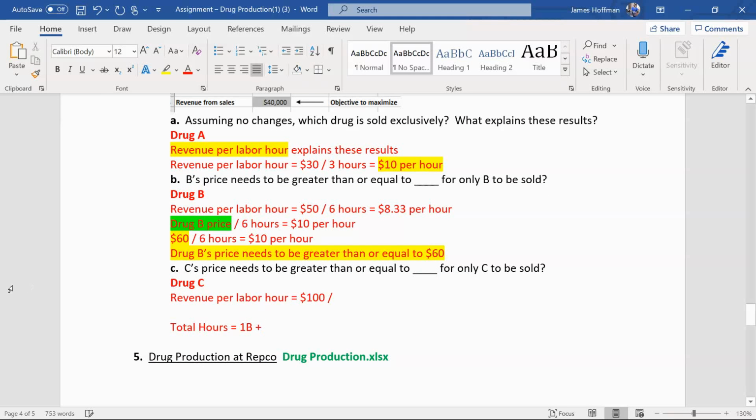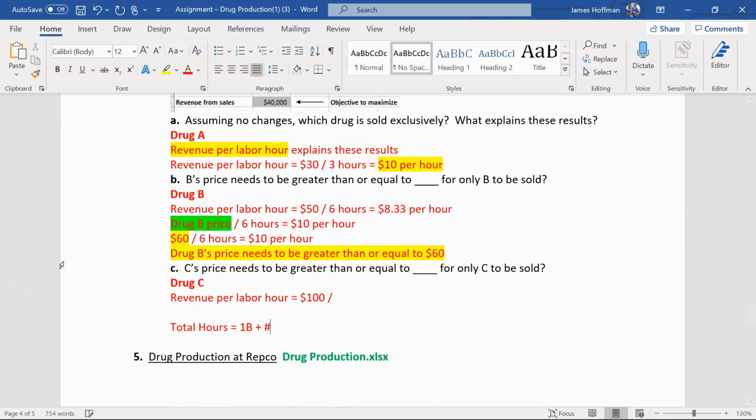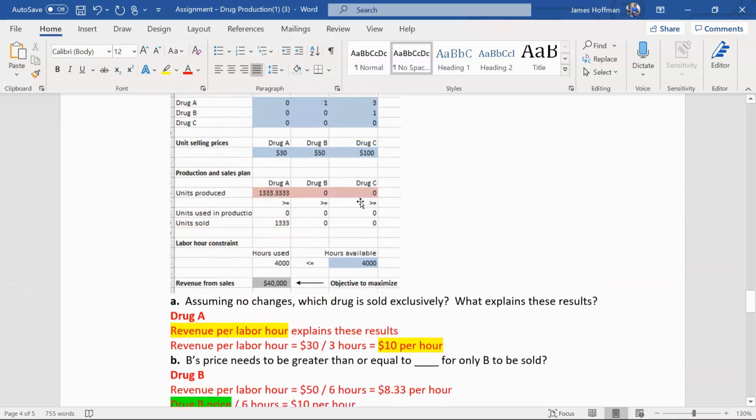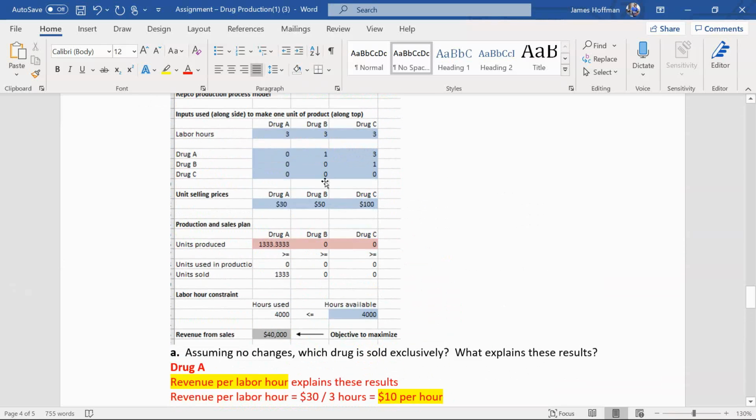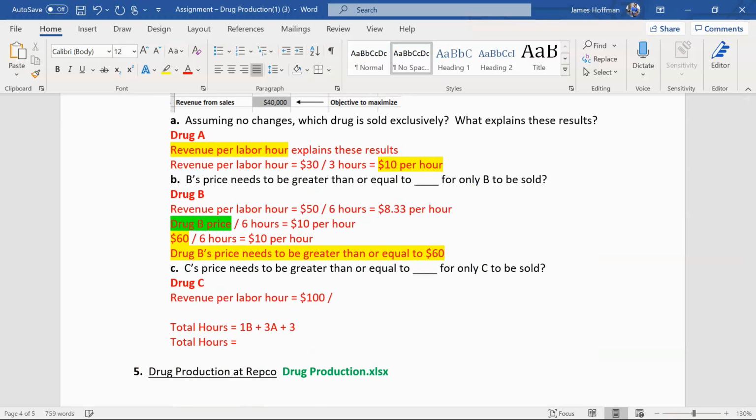And then we need 3 drug A's, and I need an additional 3 hours. So the 1B takes 6 hours, right? Okay, each A takes 3 hours.